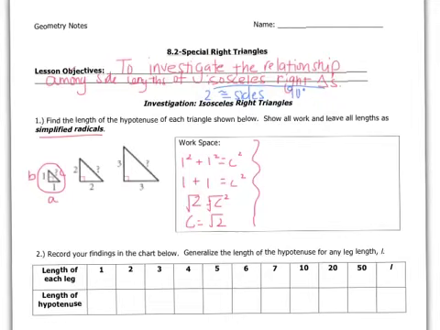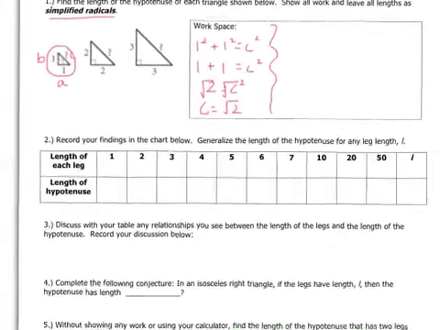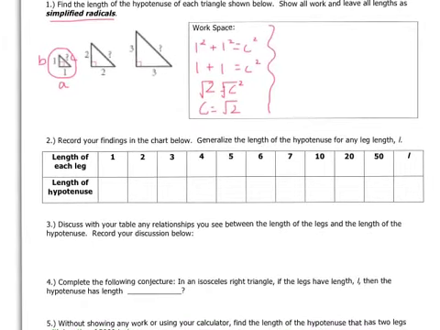All right. After you find the lengths for the hypotenuse on the other two triangles, you might start to see a pattern. That's the goal here. Then in number 2, like it says, record your findings in the chart below.